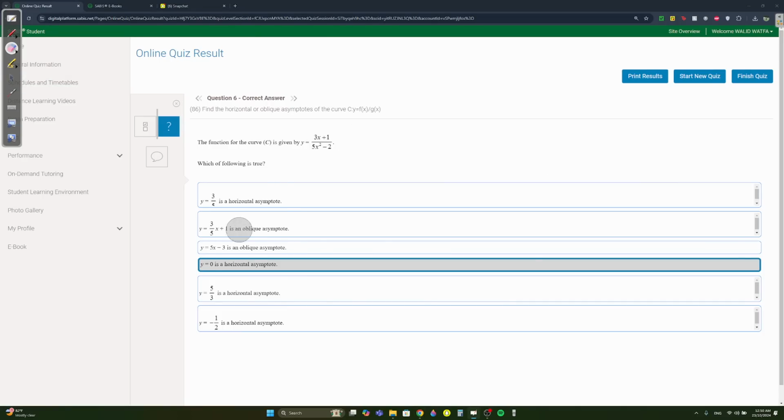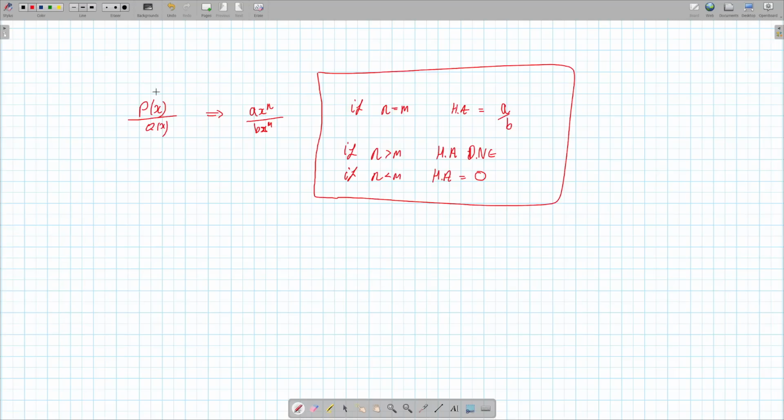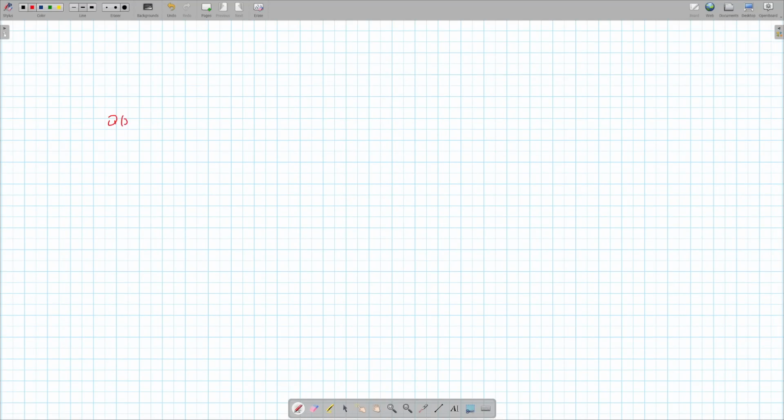Sometimes you're gonna have, it's a rule, Q of x over P of x has an oblique asymptote y is equal to ax plus b when the degree of Q is equal to the degree of P plus 1.